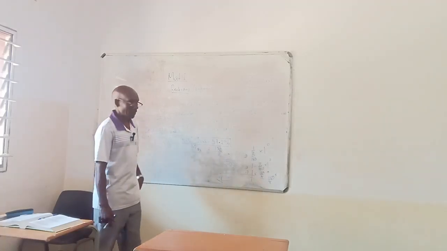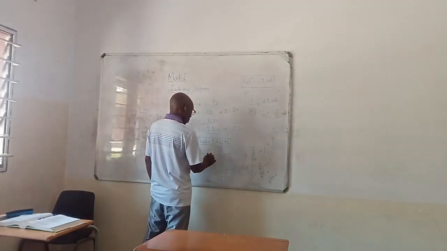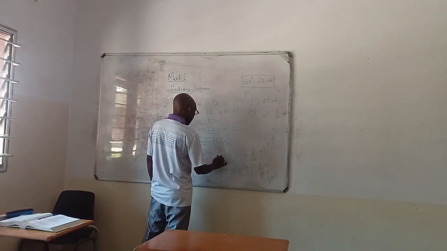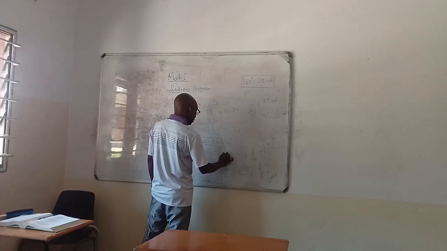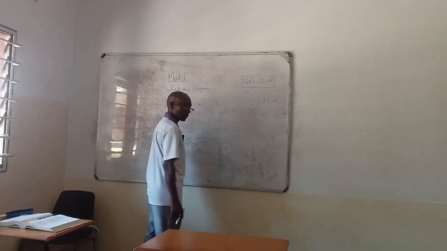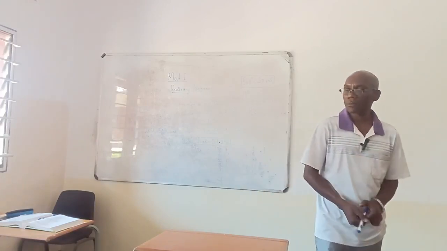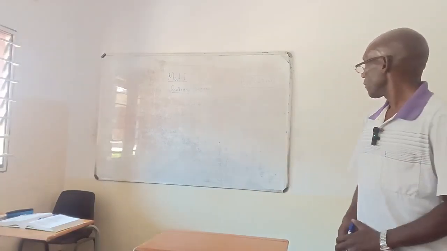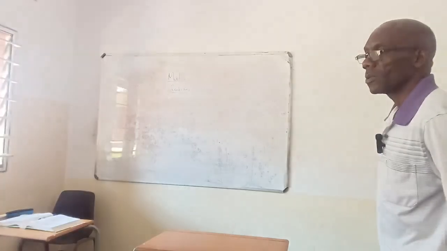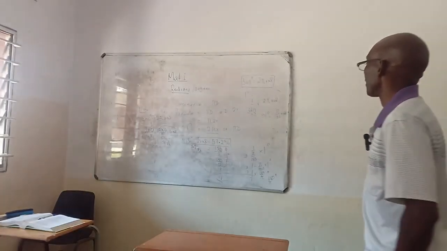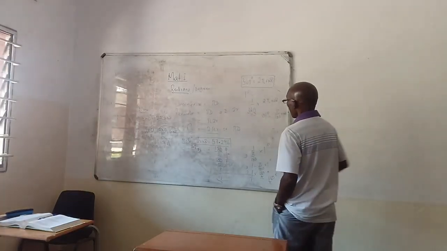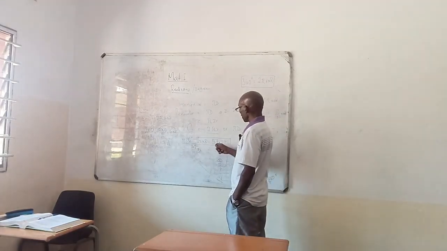Pi is 22 over 7, so take 180 divided by 22 over 7. Let's find out whether this answer will come, because pi is 3.14, something like that. 57.296.